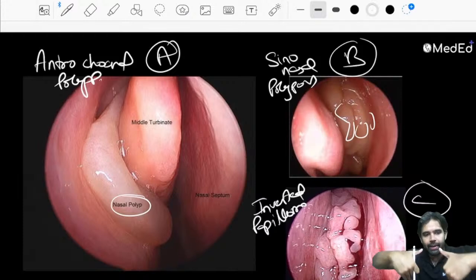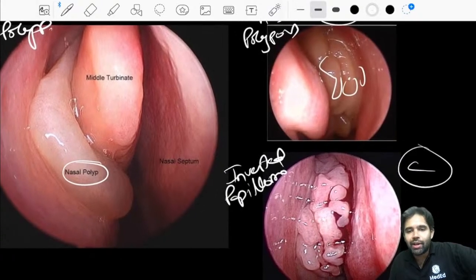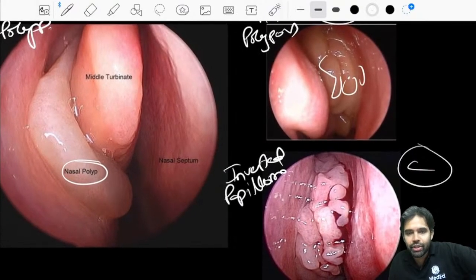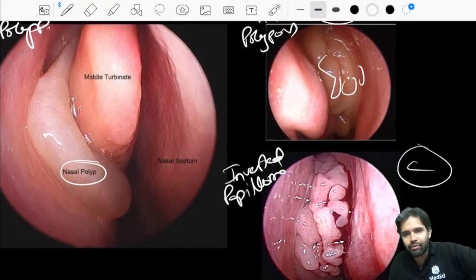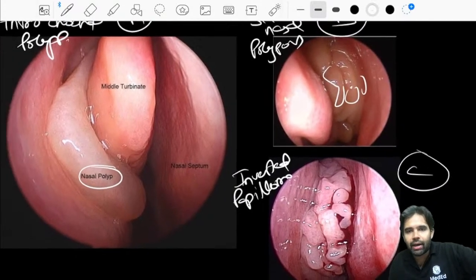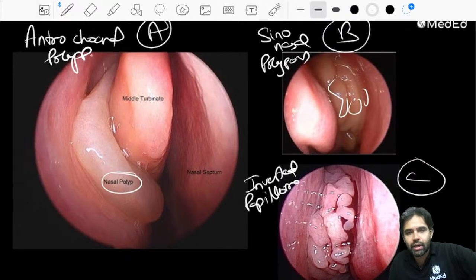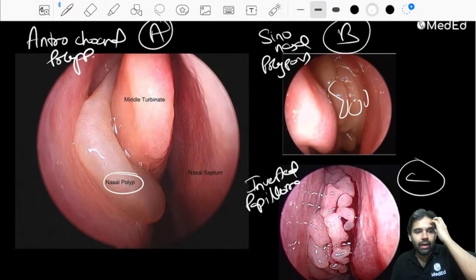They are basically penetrating inside. So that's why it is inverted papilloma. This exact image itself has been asked three times in NEET PG, and treatment wise, all of them are same. We do endoscopic sinus surgery using a microdebrider. But image based, they asked inverted papilloma a lot for some reason.